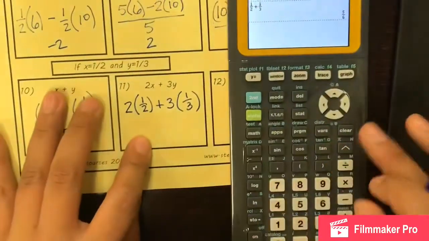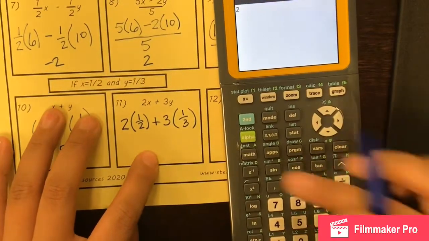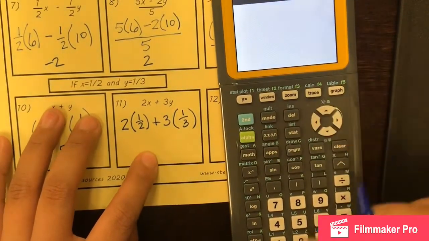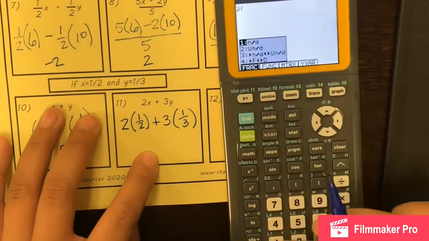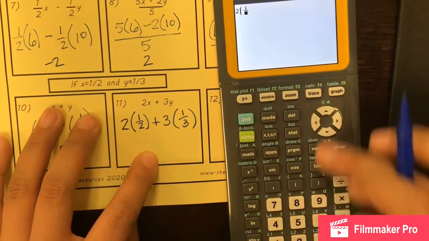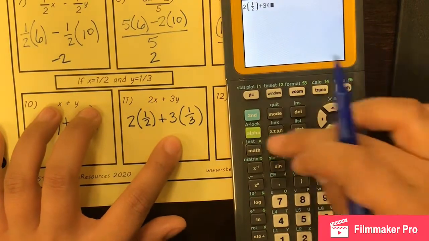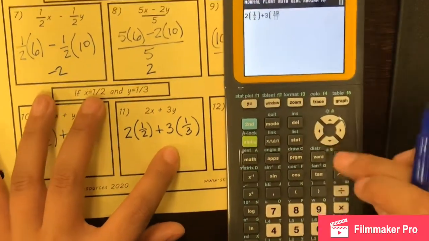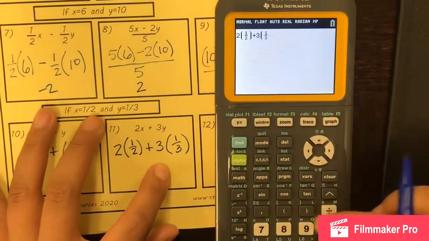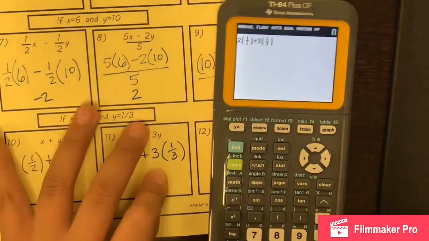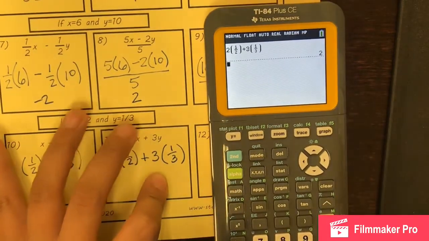So then I type it in my calculator, 2 parentheses fraction 1/2 parentheses plus 3 parentheses fraction 1/3. Sorry if it was out of screen. Okay, and my value is 2.